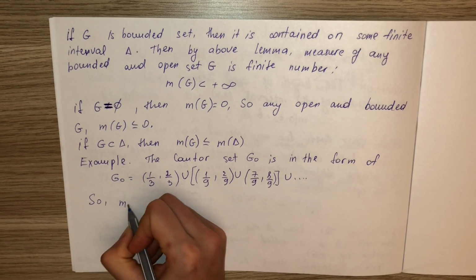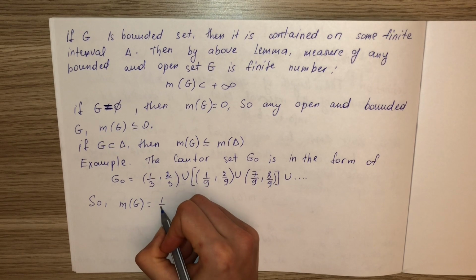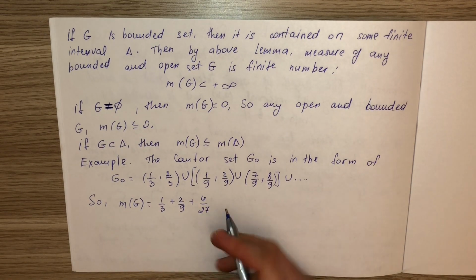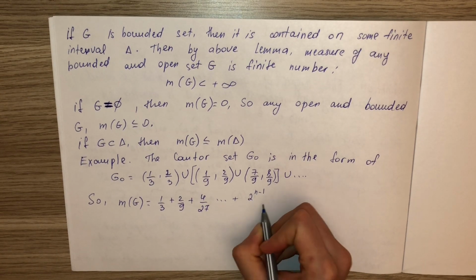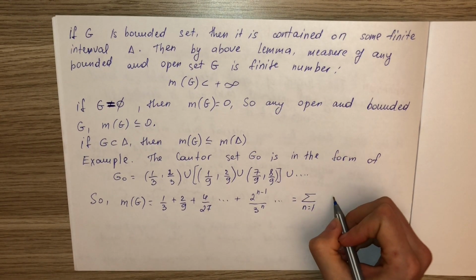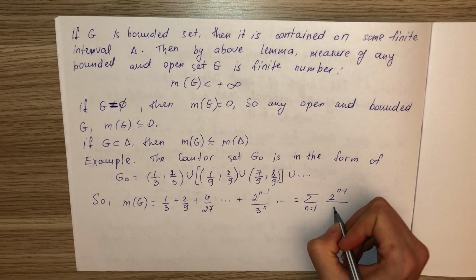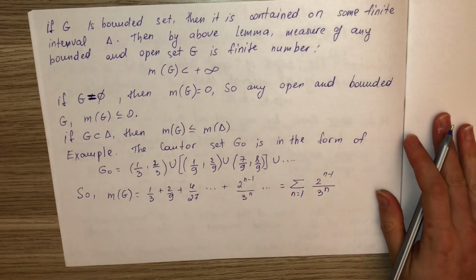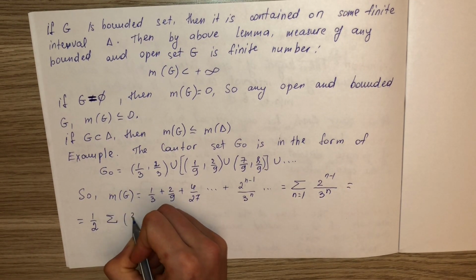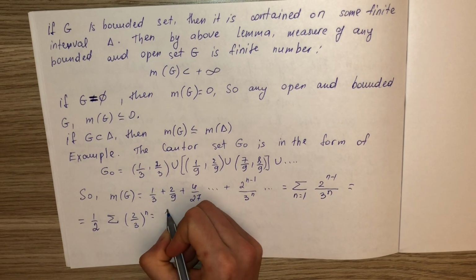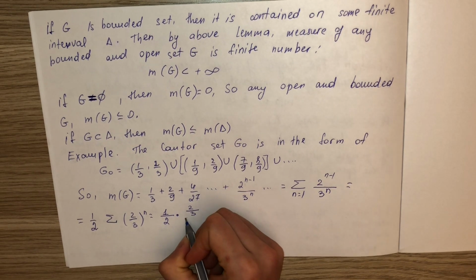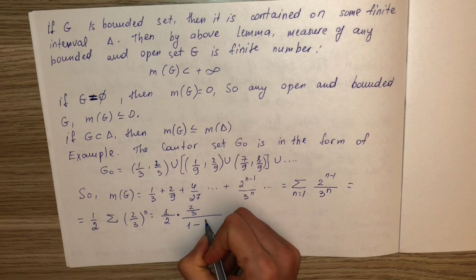So here m(G) is equal to 1/3 plus 2/9 plus 4/27 and so on, plus 2^(n-1)/3^n, and this is equal to the sum of 2^(n-1)/3^n, which is equal to 1/2 times the sum of (2/3)^n, which is 1/2 multiplied by (2/3) over (1 minus 2/3).